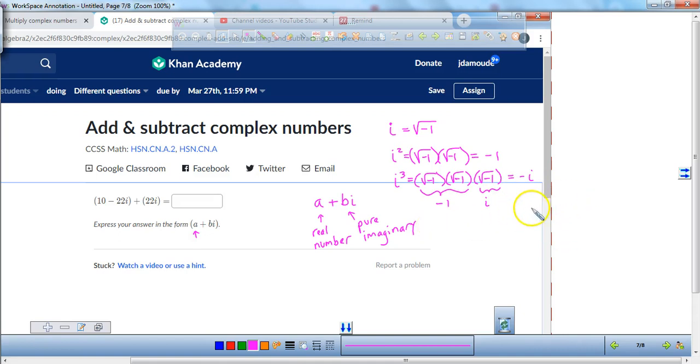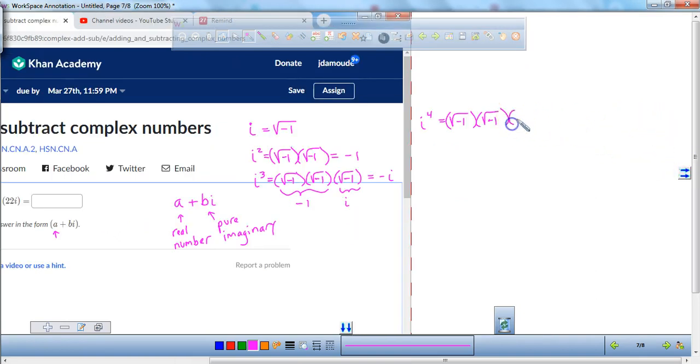And last but not least, we have i to the power of 4, and then it starts repeating. Basically, you're taking the square root of -1 and multiplying it to itself 1, 2, 3, 4 times. So this product is -1, and this product is -1, and -1 times -1 gets us to 1.